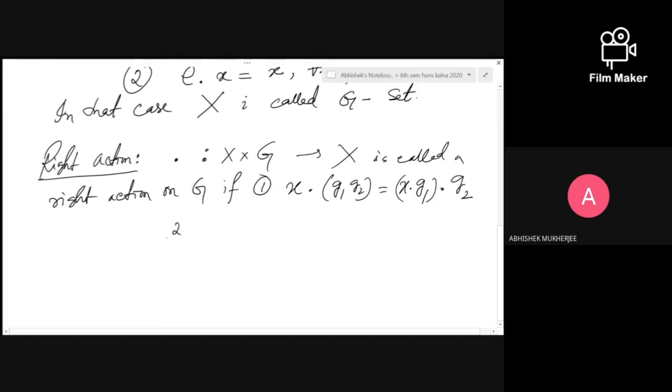And the second condition will be x dot e equals x for all x belonging to capital X. Now, there are some examples where you are compelled to define a right action. Naturally, it will come. The action is right.